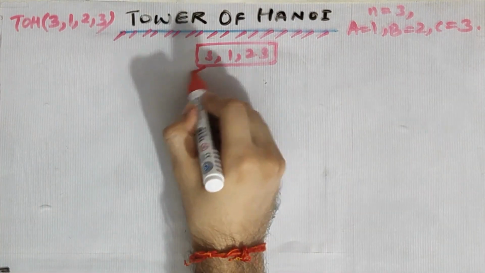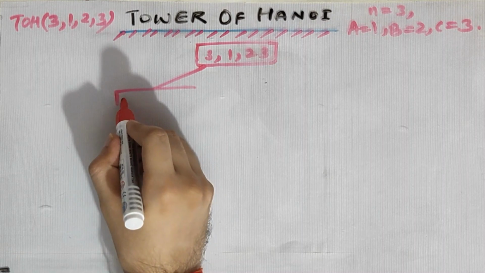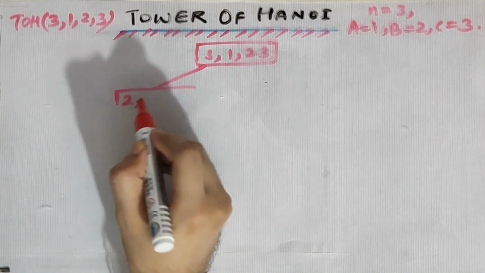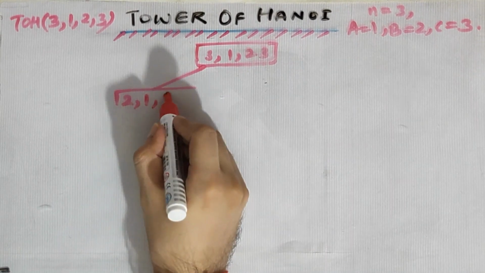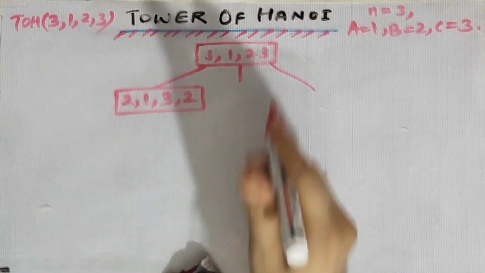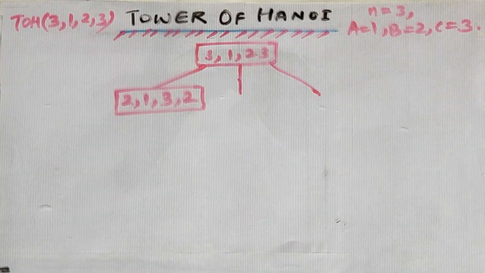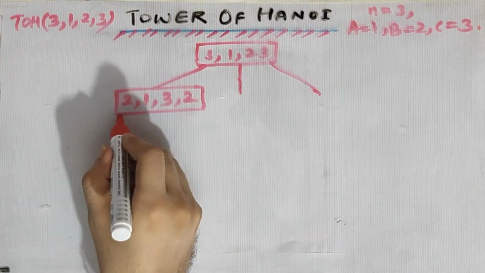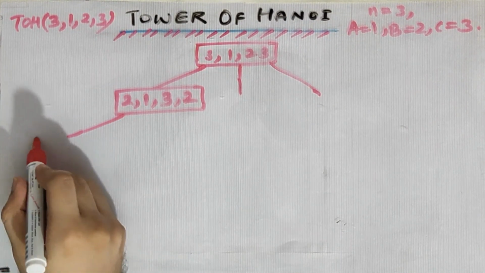Now it will have to perform 3 tasks. First is the recursive call with a reduced number of disks, that is 2 disks, and 1 3 2. There will be 2 other operations that will be performed at the returning time. Now this again performs 3 operations.